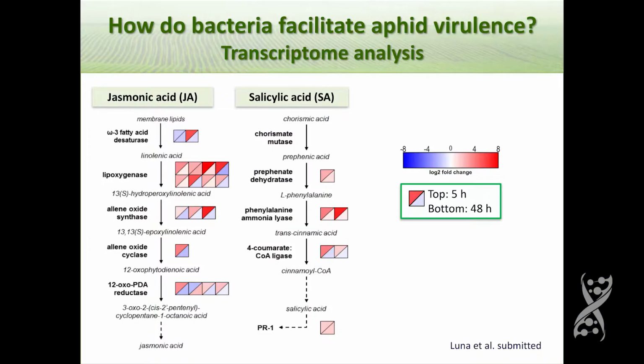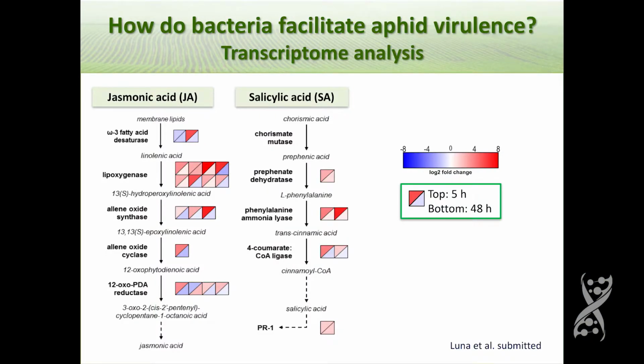And what we found was, in looking at the two biosynthetic pathways, the one responsible for production of jasmonic acid, which is the pathway that's induced by these feeding insects that damage and feed on the leaves, and is a defense response pathway, and the salicylic acid pathway, which is induced usually by plant pathogens, and it's the more subtle pathway. And it's induced once the aphid usually penetrates into the phloem.